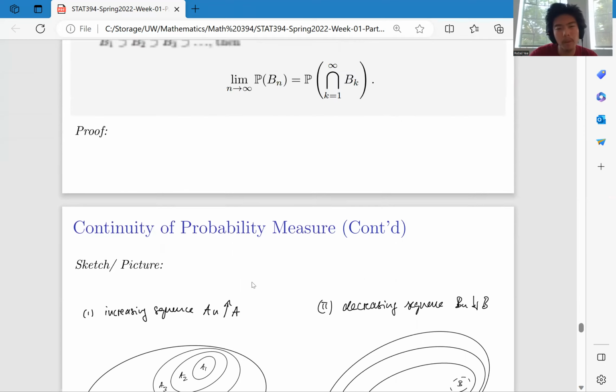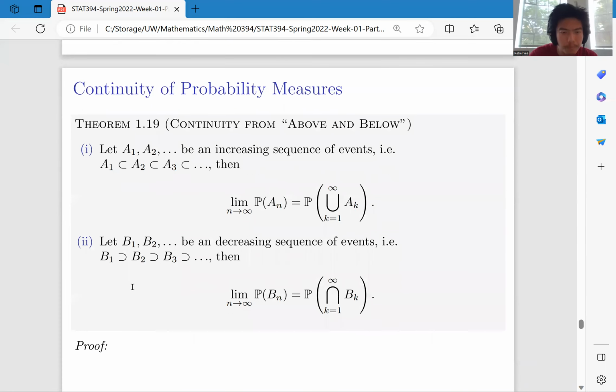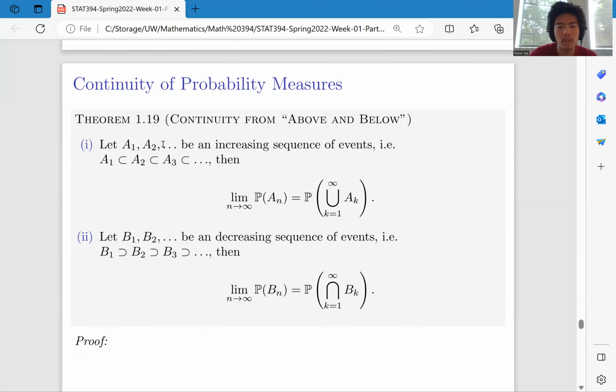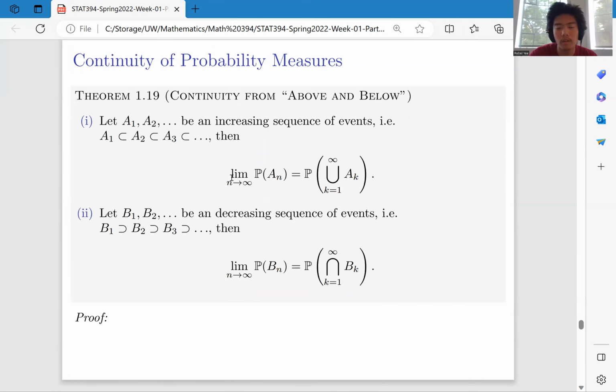And what's the property of this kind of layered set? If A1, A2 to A infinity is an increasing sequence of events, which is illustrated by this diagram, then we have one property: the limit as n goes to infinity of P(An), which is the infinity term of A, where we use a limit to express that, is equal to the probability of the union of all of the Ak.